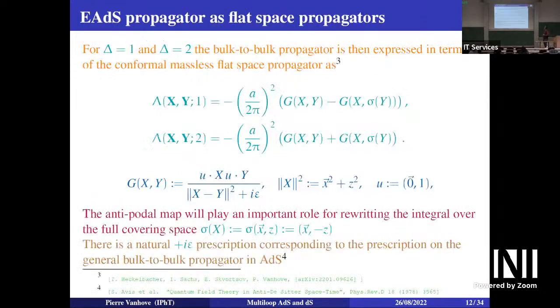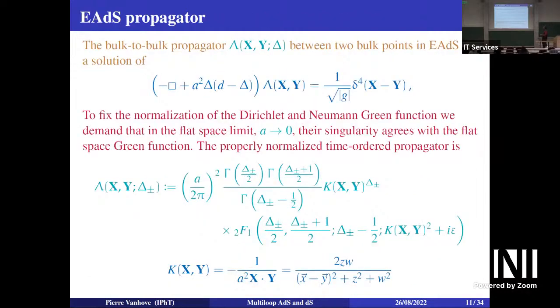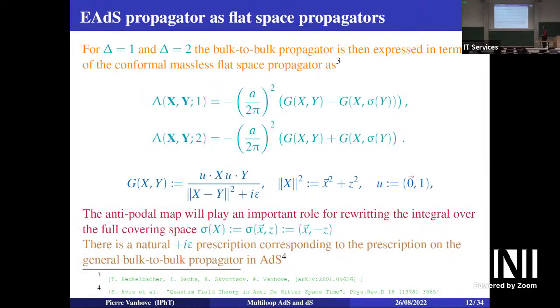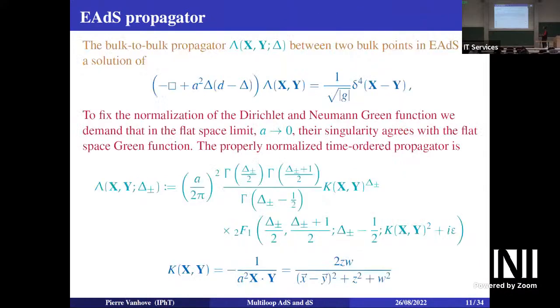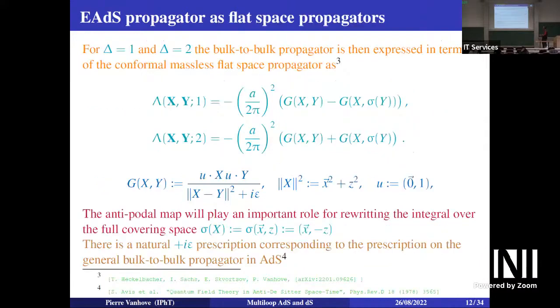Now, the thing that happens when little d is 3 and delta is 1, so delta minus is 1 and delta plus is 2: if I use delta equal to 1 or delta equal to 2 in this expression, then it collapses to this expression. So the hypergeometric function becomes a rational function of k, or k squared.